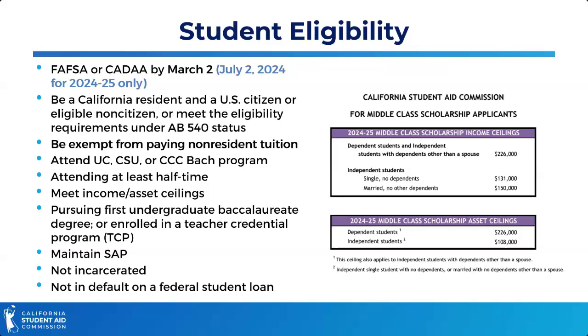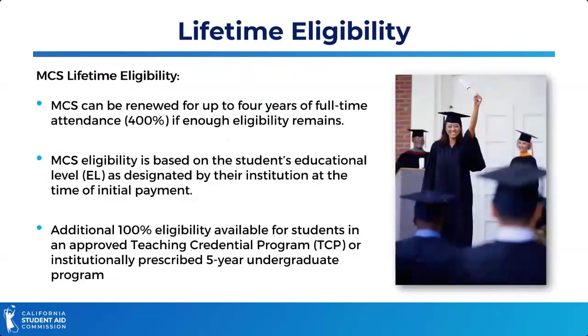MCS can be renewed for up to 4 full-time years of attendance if enough eligibility remains, and can be extended for a 5th year for students in approved teacher credentialing programs or mandatory 5th year programs. The lifetime eligibility is determined, just like with Cal Grant, by the student's education level when they are awarded.